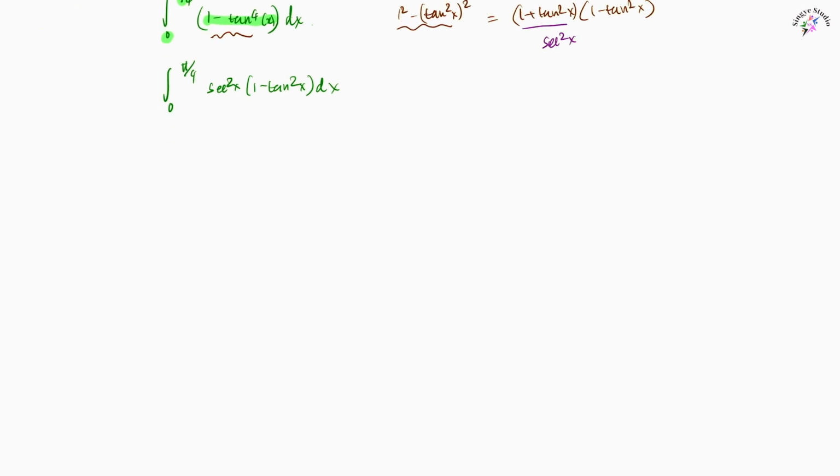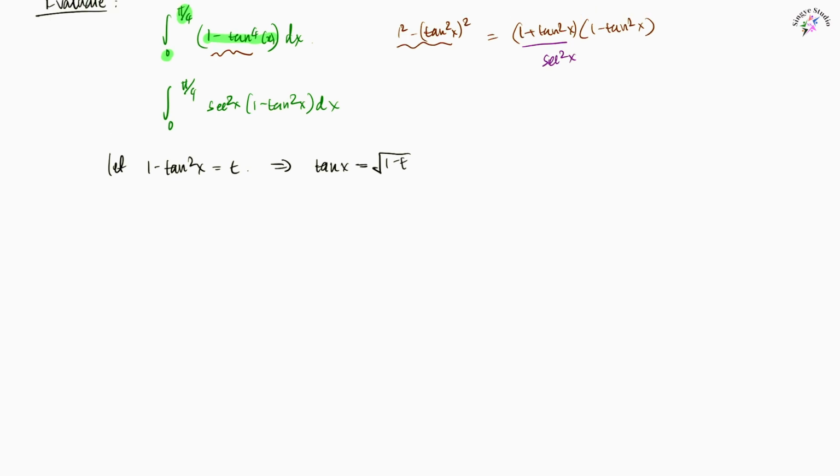Now let me assume that 1 minus tangent square x equals t. Then it implies that tangent x will be root of 1 minus t. Now we also have to take care of the limits.